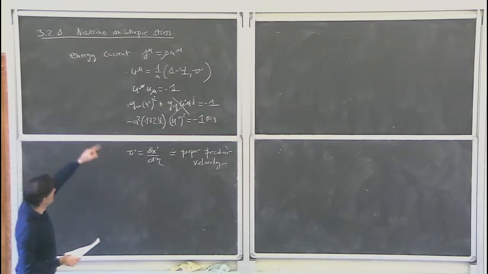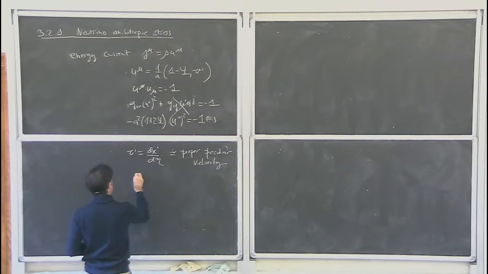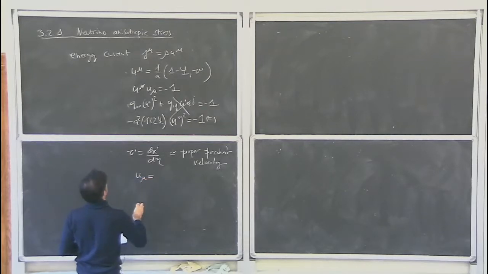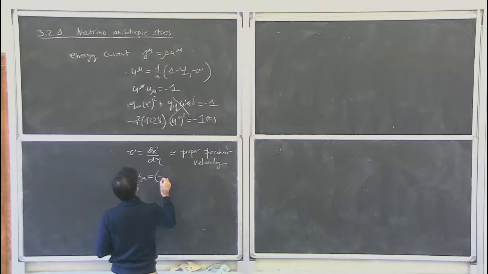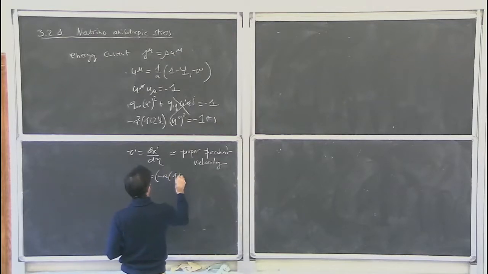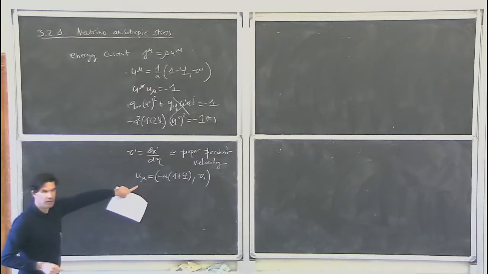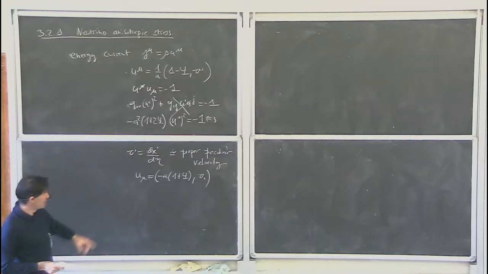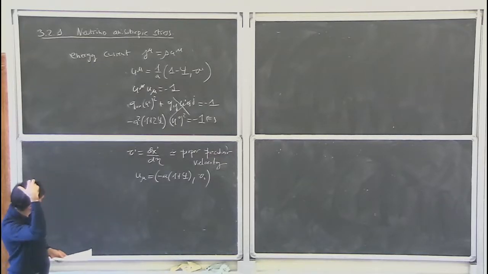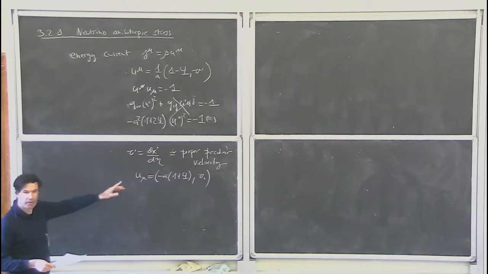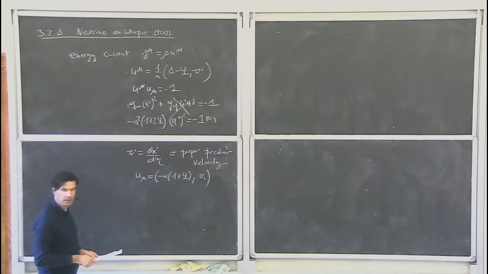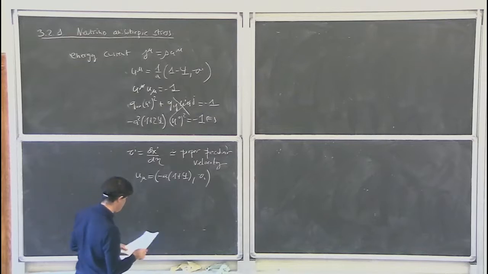And then you can lower the indices, and then you would find that the covariant four vector has those components. Okay? You just lower with the unperturbed metric for this part, obviously.